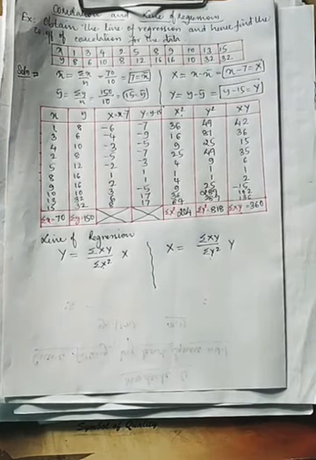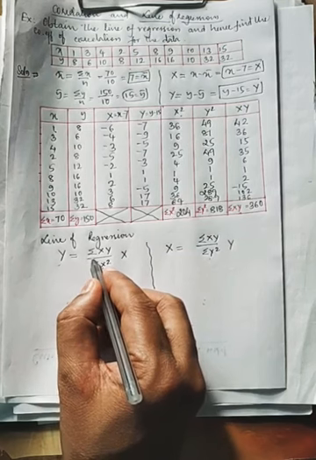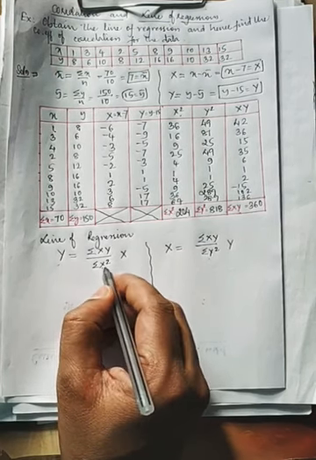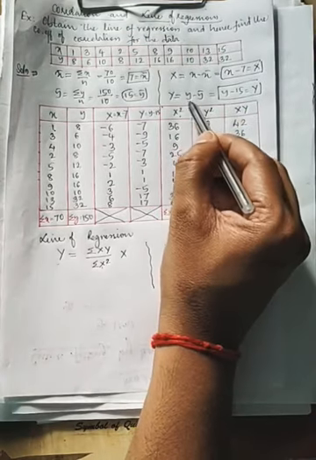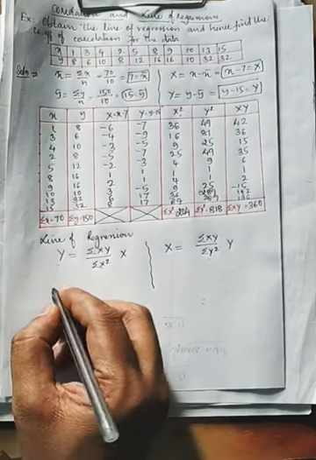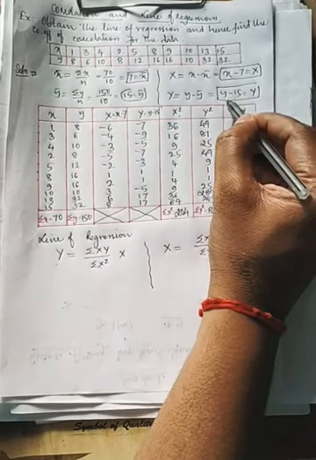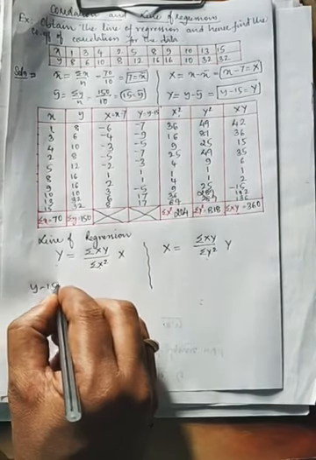Then we calculate the line of regression. What is the line of regression? The formula says capital Y is equal to summation of x into y divided by summation of x square, into capital X. But we all know capital Y is nothing but y minus y bar, which is already calculated. That is y minus 15. Therefore, capital Y is equal to y minus 15.